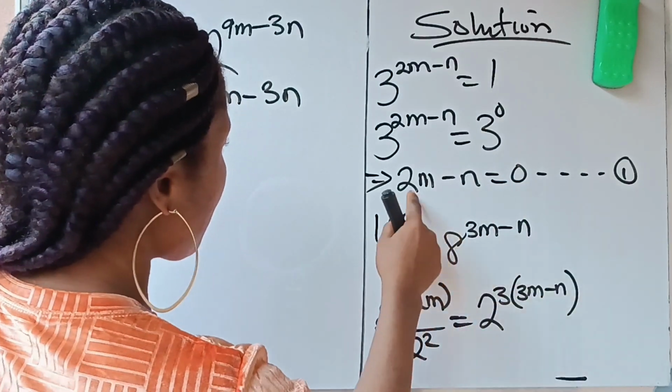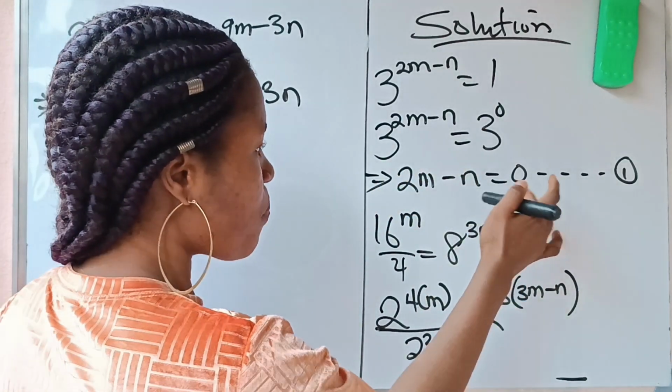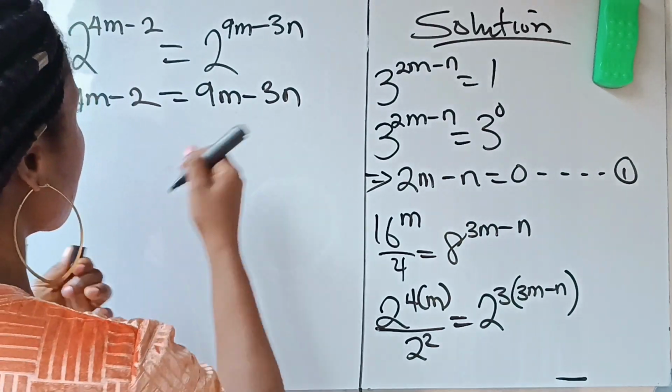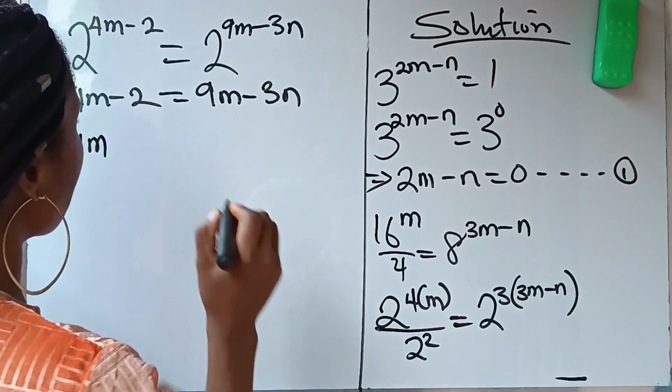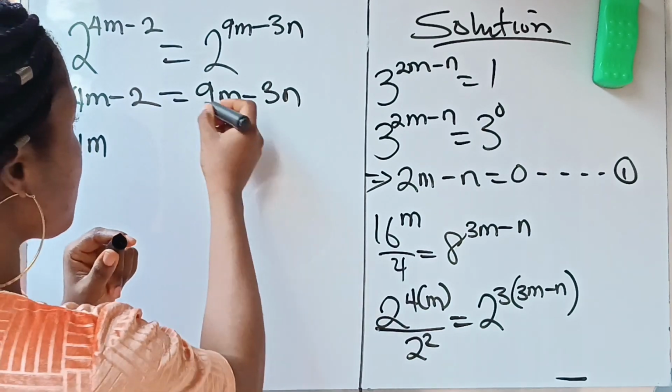Looking at this, I notice that my m and my n should be on one side, and my ordinary numbers on the other side. Let me start with this 4m. I will bring this 9m to join the 4m. This 9m is positive, since there is no negative sign.